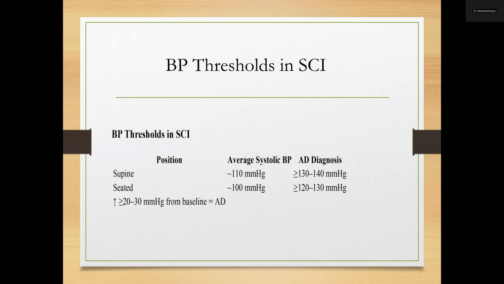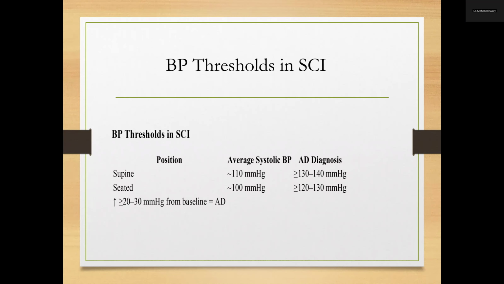As I mentioned earlier, for the higher cervical injury patients, or even higher thoracic, the systolic blood pressure averages 110 or 100 in a supine position, whereas in seated, it will always be 10 to 20 mmHg lower, which is 100 mmHg. So please remember this blood pressure. It is very important for you to diagnose AD.